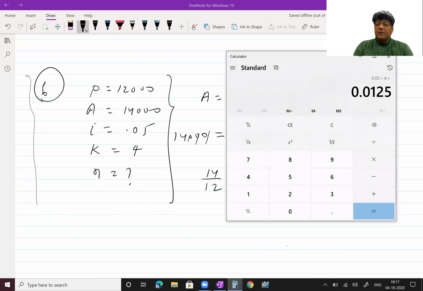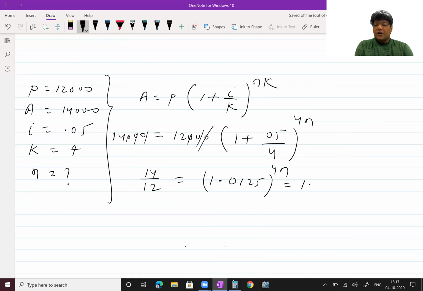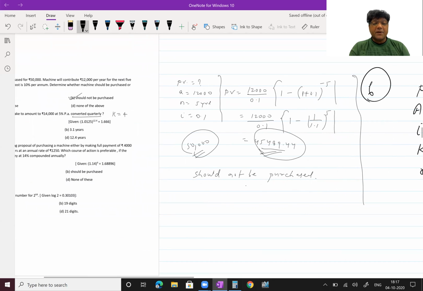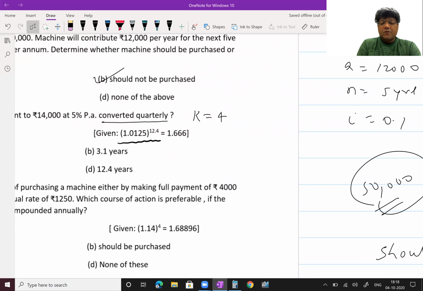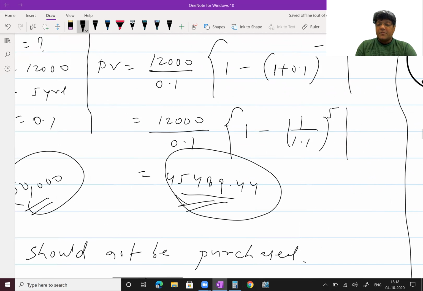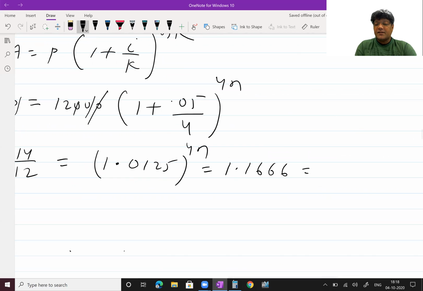Now 14 by 12. 14 divided by 12 is equal to 1.166. So guys, this is equal to 1.1666 is coming. What is supplied with the question? See guys, this supply: 1.0125 to the power 12.4 is equal to 1.1666. That means 1.1666 is equal to 1.0125 to the power 12.4.